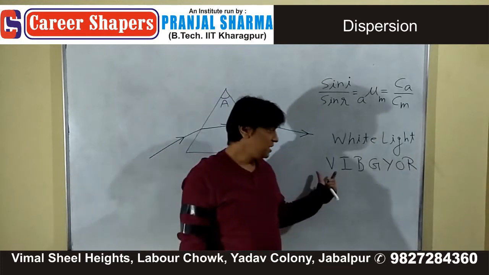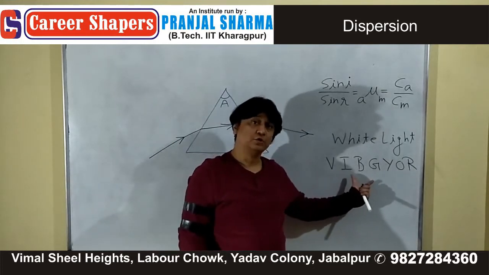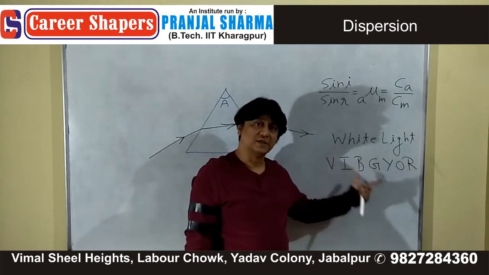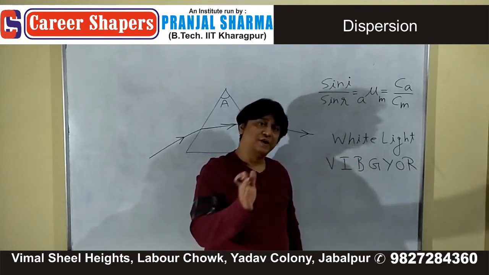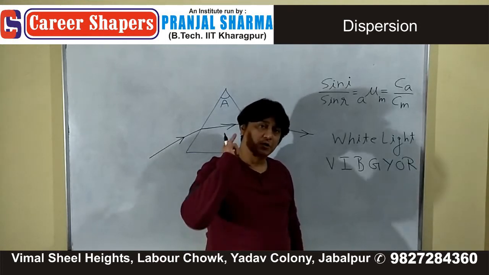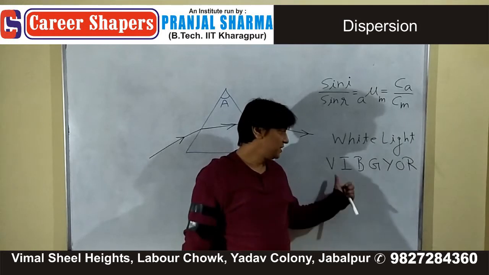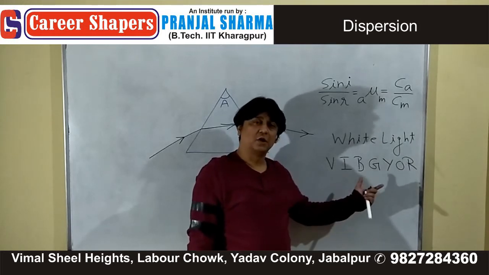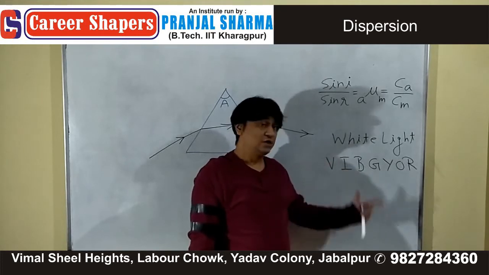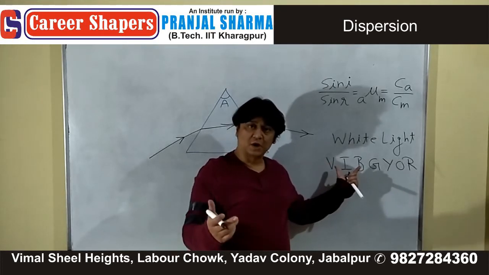Now, what do you mean by these colors? When you say color, it means frequency. Different frequencies are perceived by our brain in the form of different colors. They all are electromagnetic waves. These electromagnetic waves are what?